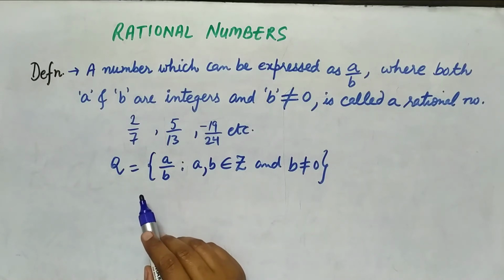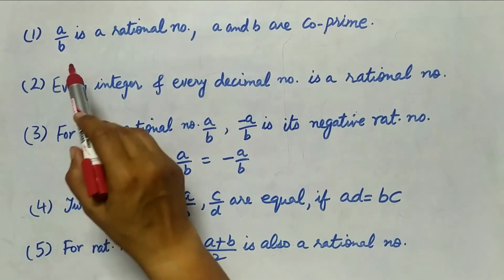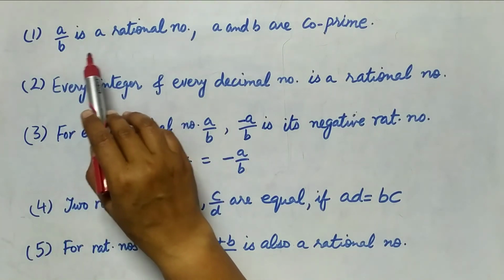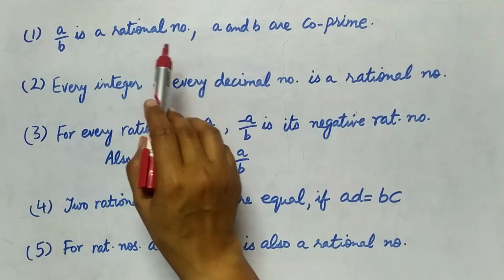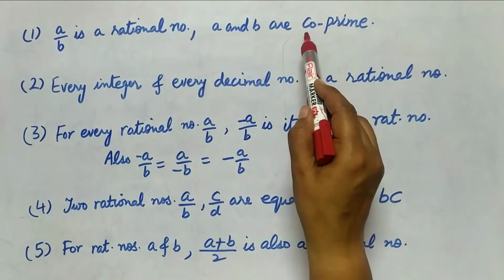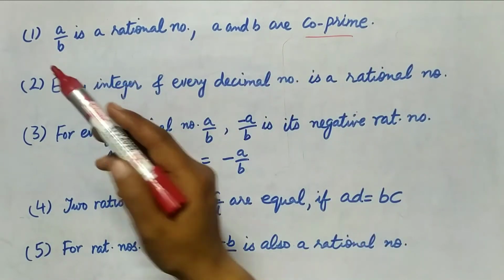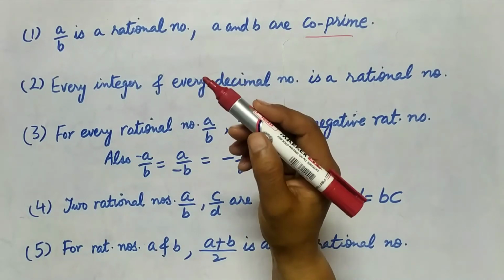Now we discuss some properties of rational numbers. In the properties of rational numbers, the first one is: if a by b is a rational number, then a and b are co-prime. Co-prime means their common factor is only the number 1.